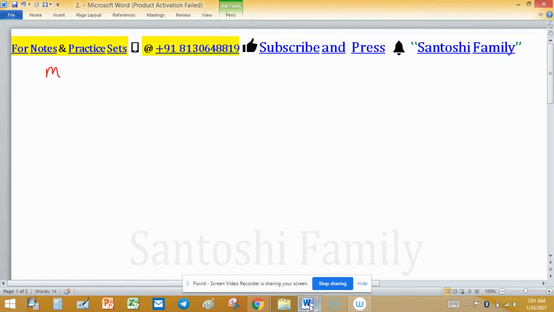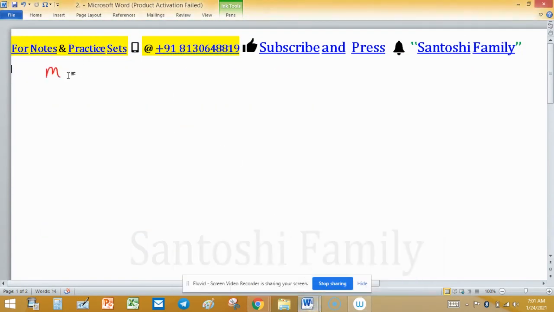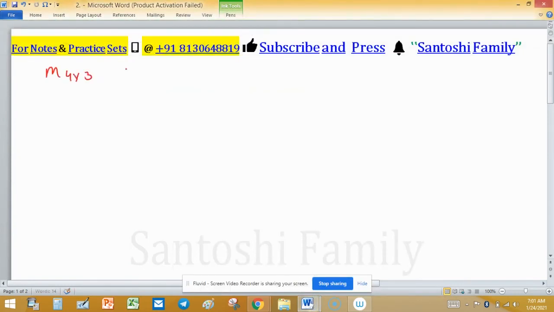The size of the matrix is 4 by 3. It's real. E1, E2, E3 are the standard ordered basis.